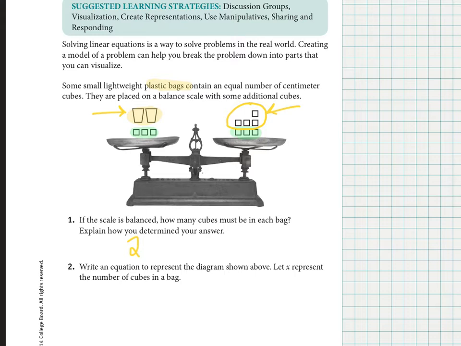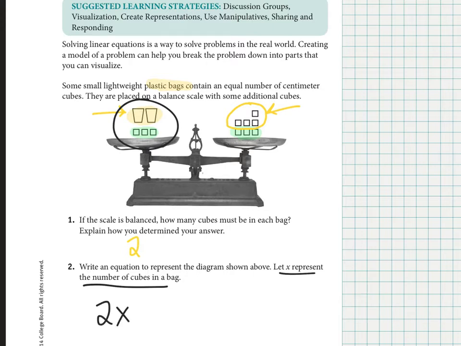Okay, so let's see. Can we write ourselves an equation that represents this diagram? We're going to let x, here's the key, we have to know what the variable is representing. x is the number of cubes in a bag. Since there's 2 bags, and each bag has x cubes, this side would be written as 2 times whatever x is.